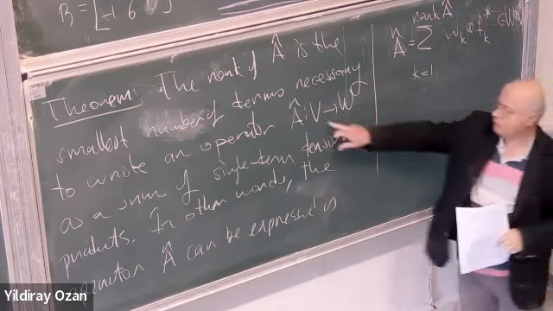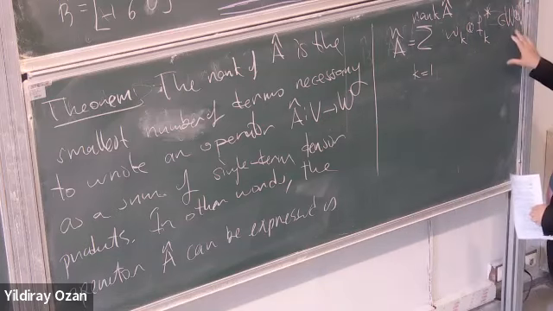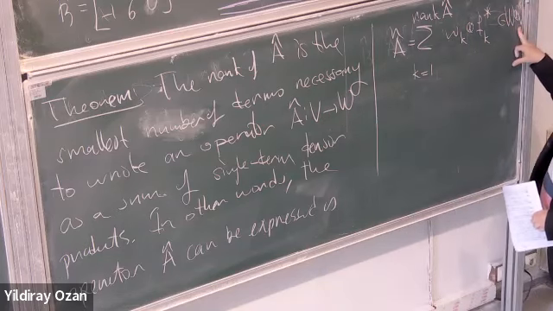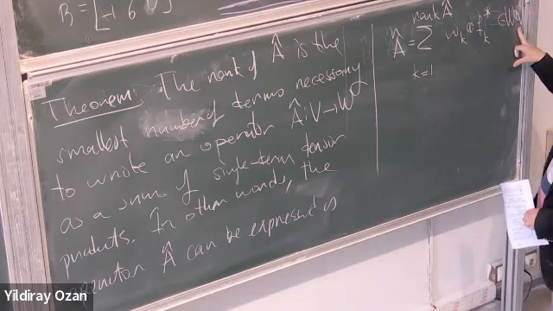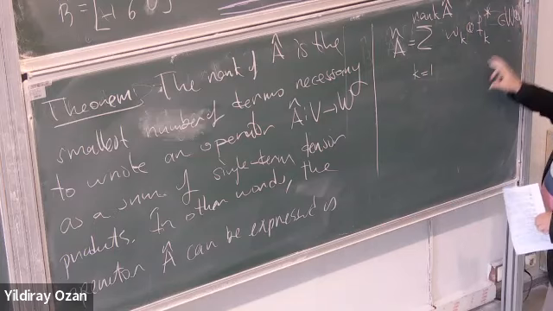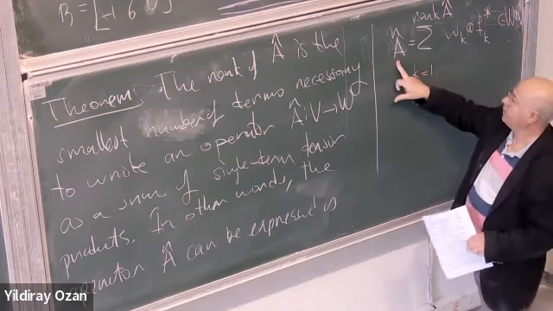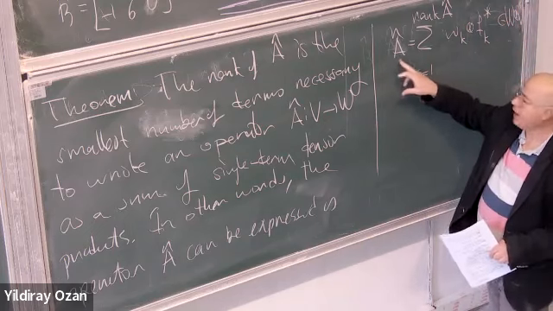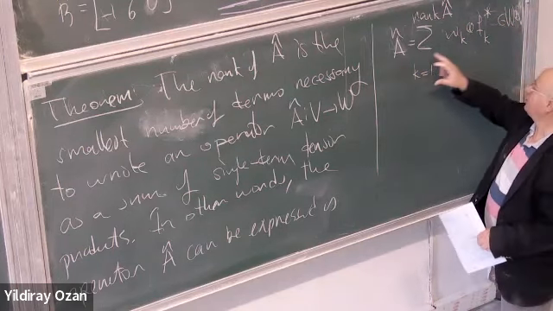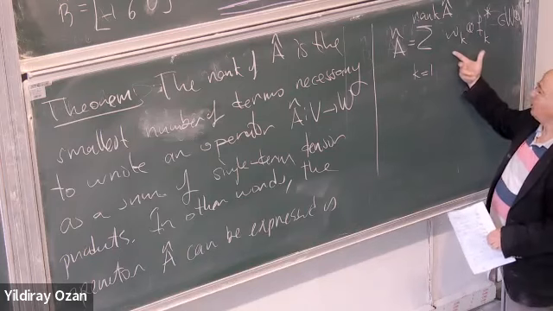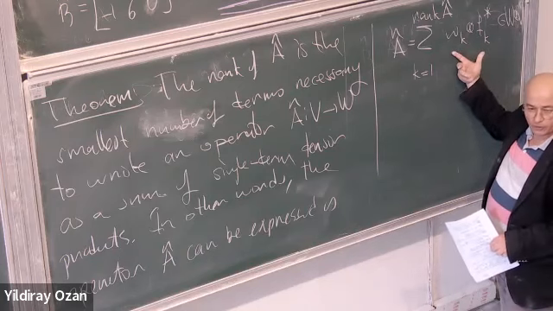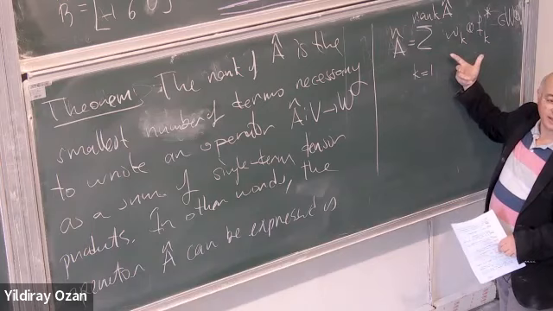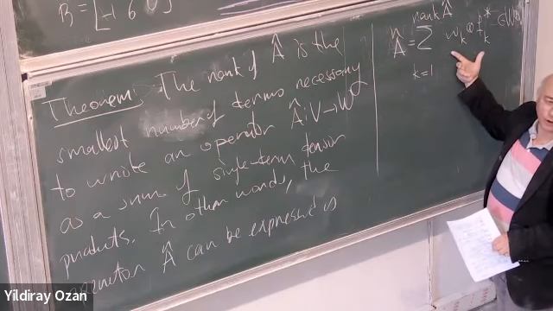An operator from V to W is a tensor in W tensor V star. And if the rank of this is, let's say, 5, then you can write this as a sum like this with only 5 terms. And you cannot write it as a sum of 4 terms.